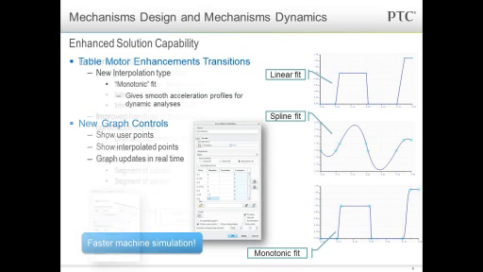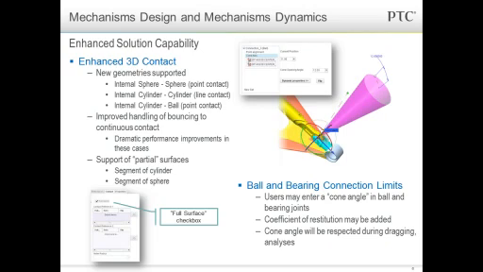Again, with respect to 3D contact, earlier it used to be a cylinder to a cylinder, or that kind of deal. Now you can actually use partial surfaces, say only a segment of a cylinder or a segment of a sphere. Say for example, earlier you wanted to simulate a water slide.